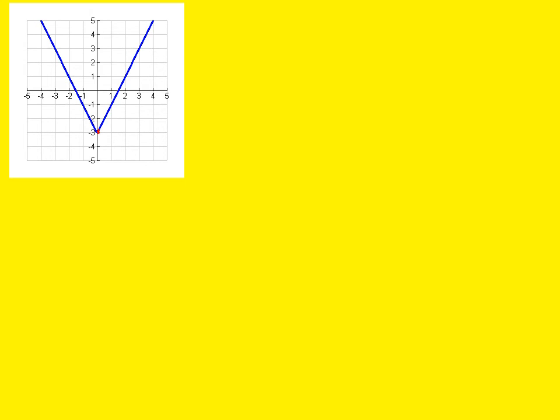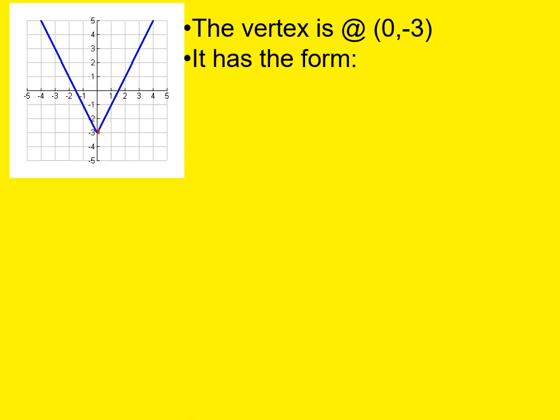And we're going to take that information and write out our vertex, realizing that our vertex is (h, k), and we can plug those values into our formula, which is our vertex form. And here we go. We've got a times the absolute value of x minus h, plus k.